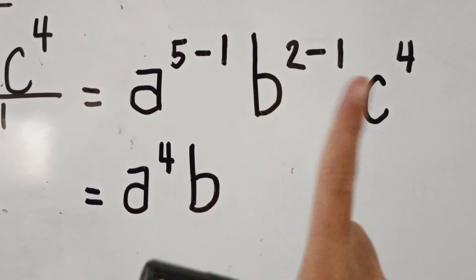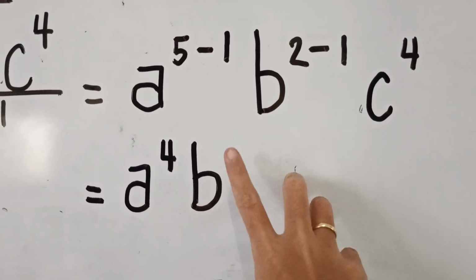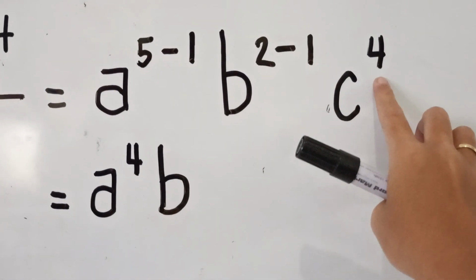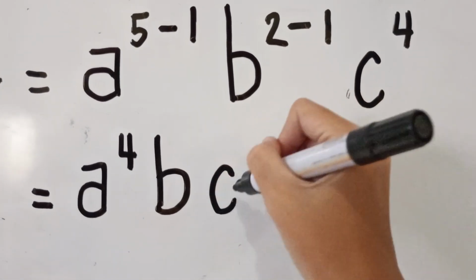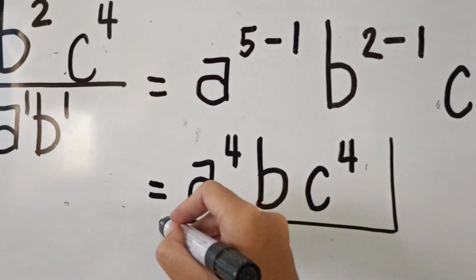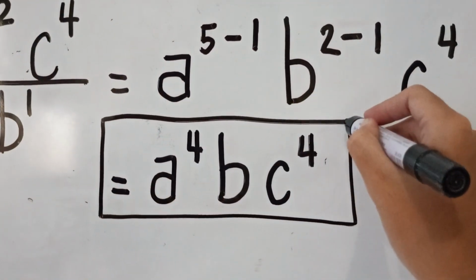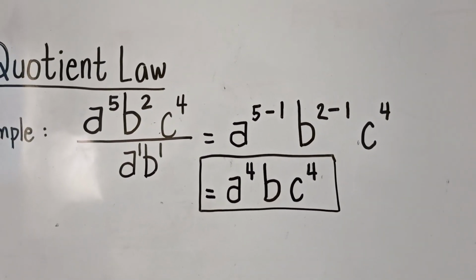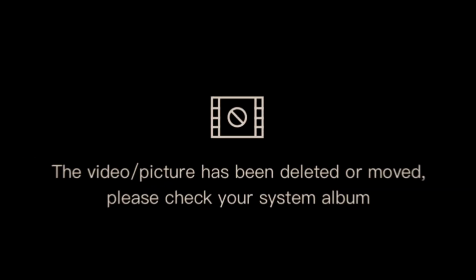However, the rule is 1 should be invisible, so we should not put 1 in the final answer. Please remember that. And for the c to the power of 4, since it is alone, we'll just need to copy that one. Okay, the final answer is a raised to the power of 4, b, c raised to the power of 4.